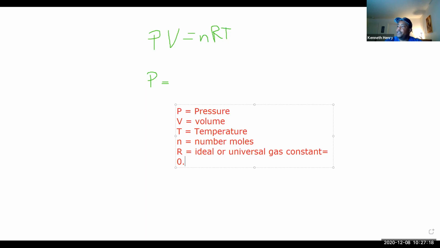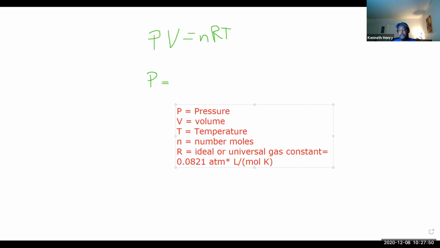So it's 0.0821. And the units are going to be ATM times liters divided by moles Kelvin.